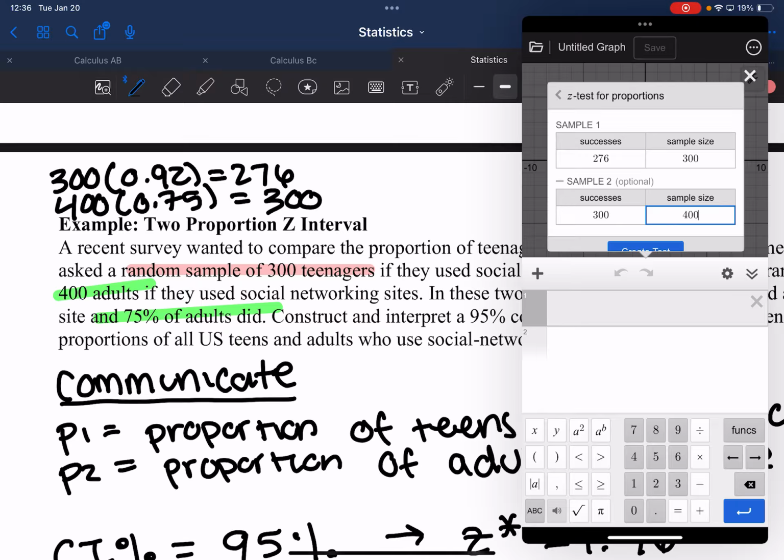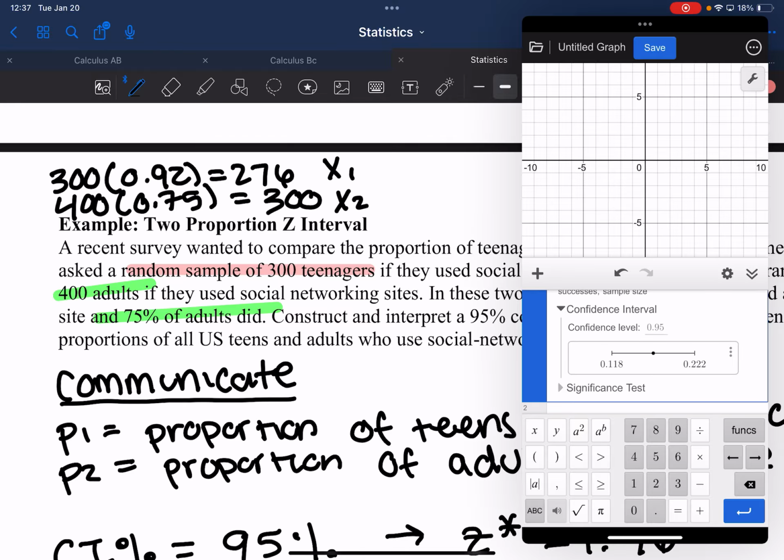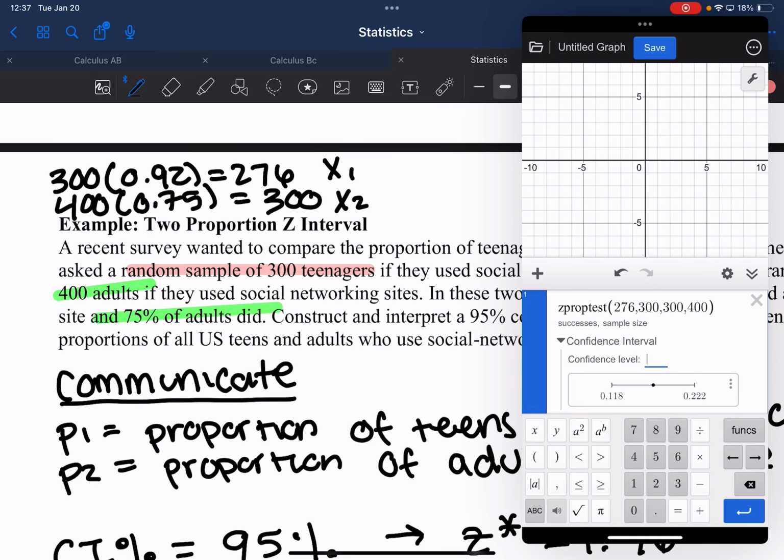So in this problem, they don't outright give you the successes. They just give you the percentage. So you had to actually calculate this. So this is X1, this is X2 for successes of the teens, successes of the adults. When you type all that in, you hit generate tests. Okay. You go to confidence interval, because that's what we're calculating. And what confidence level are we using? 0.95.